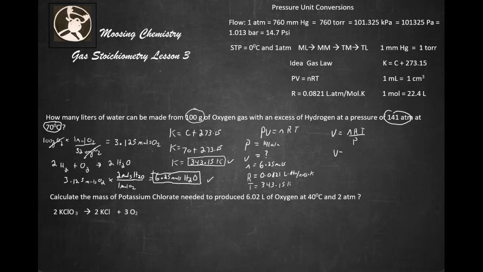All right. So V equals 6.25 moles times our R value, 0.0821 liters times atmospheres over moles times Kelvin, times our temperature, which was 343.15 K, sorry about that, divided by our pressure, which is 141 atm. Atm will cancel, moles will cancel, Kelvin will cancel, leaving only volume in liters.